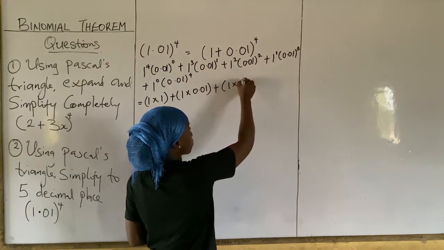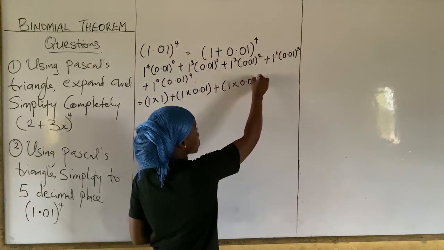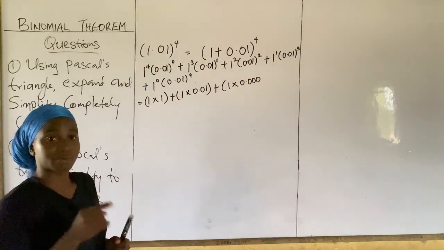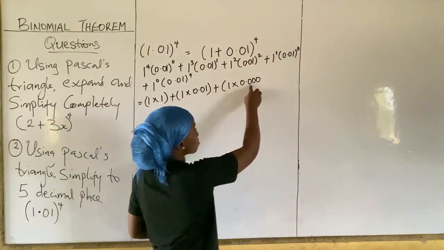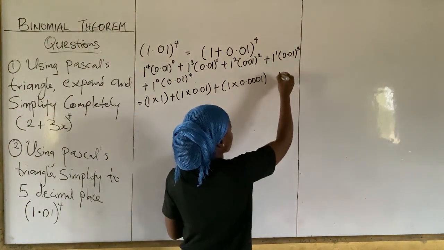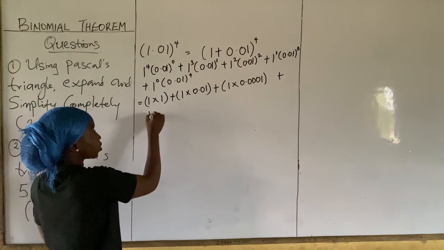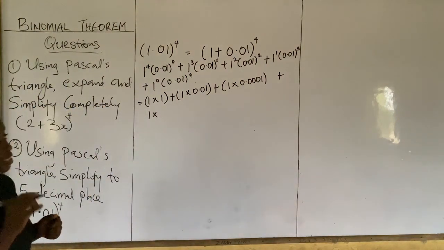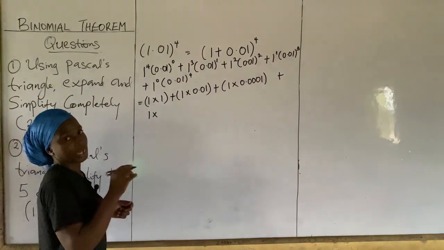So I'll be having 0.0001. Remember, 0.01, that's 0.1 times 0.1. Now the next one plus I'll be having 1 times now 0.01 raised to power 3. That's 0.01 times 0.01 times 0.01.